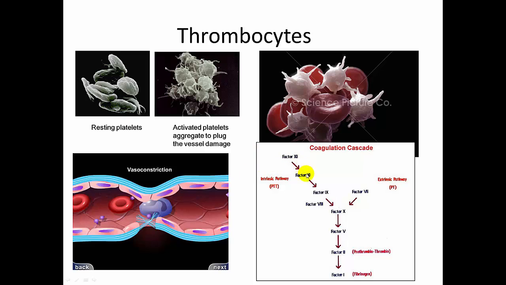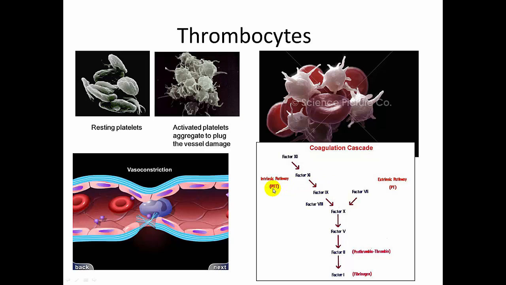I put this coagulation cascade, not so much that I want you to memorize all of the factors, but you can see that there are factors from 1 through 12 involved in the coagulation cascade. And we have the intrinsic pathway and we have the extrinsic pathway.